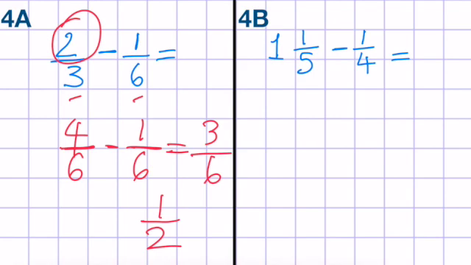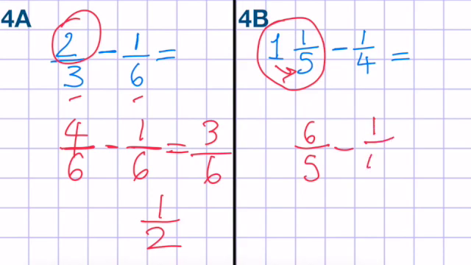I've got 1 and 1/5, take away 1/4. The first thing we need to do is change this to an improper fraction. 1 times 5 is 5 plus 1 is 6. So it's 6/5, take away 1/4. So we can't do this because the denominators are different.